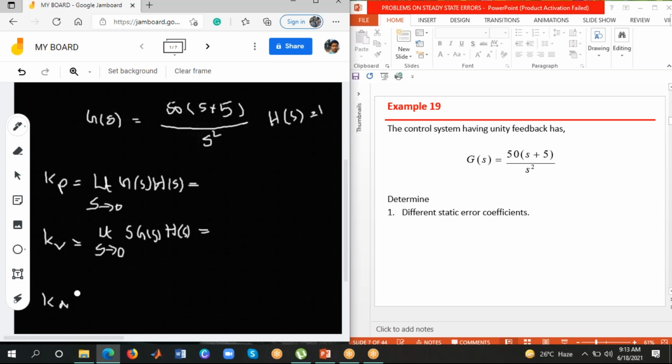Next, the Ka value: limit s tends to 0 of s square G of s into H of s. Find the values of these three coefficients. What is the value of Kp, Kv and Ka?